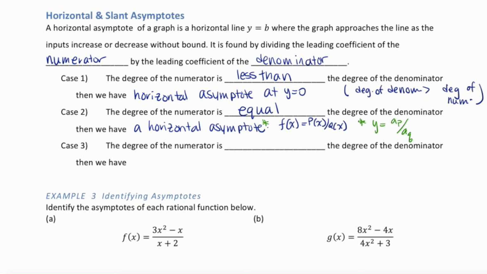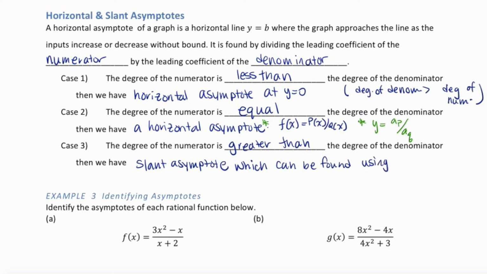Finally, we have case 3. The degree of the numerator is greater than the degree of the denominator. Then we have a slant asymptote. This asymptote can be found using long division.